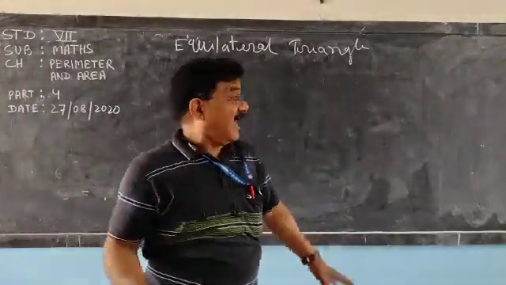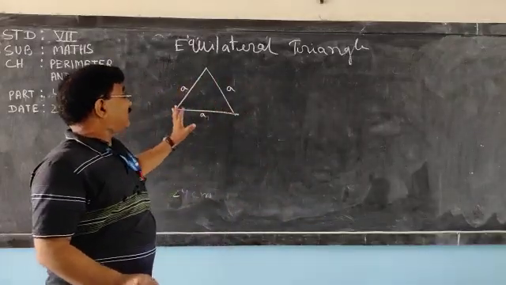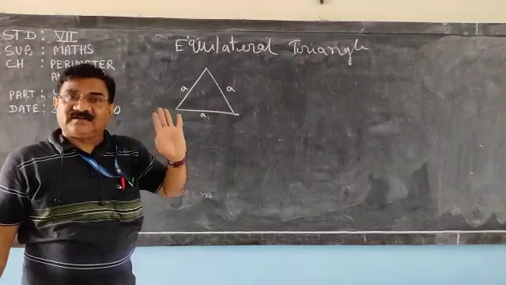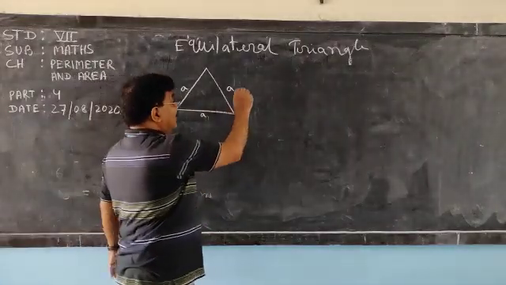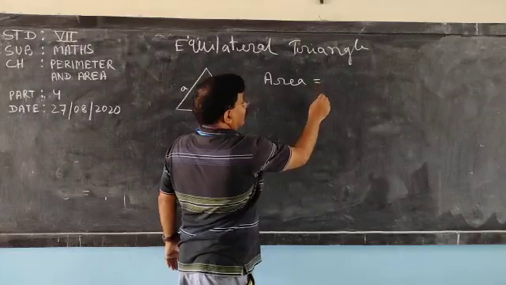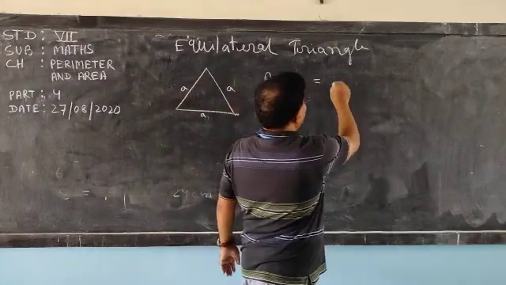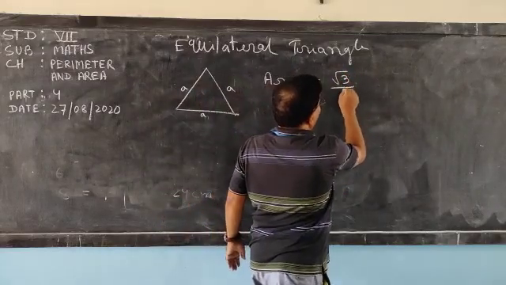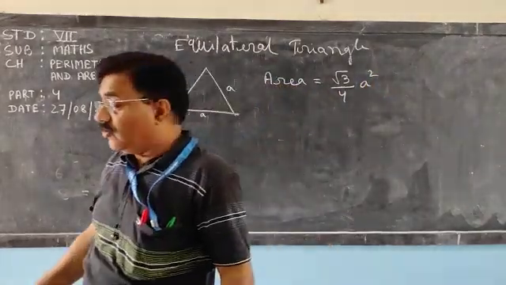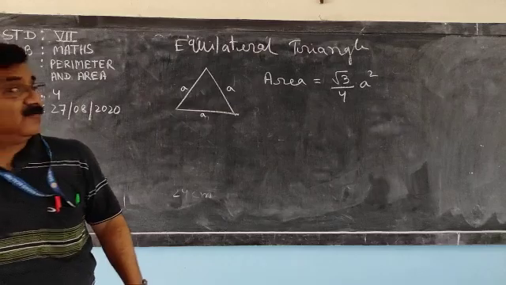Very clear? And if we are asked to find the area of an equilateral triangle, then the area of an equilateral triangle will be equal to root 3 by 4 a square. Root 3 by 4 side square.